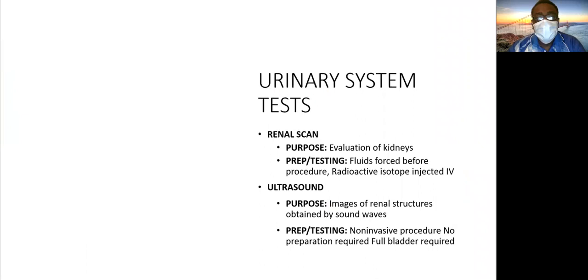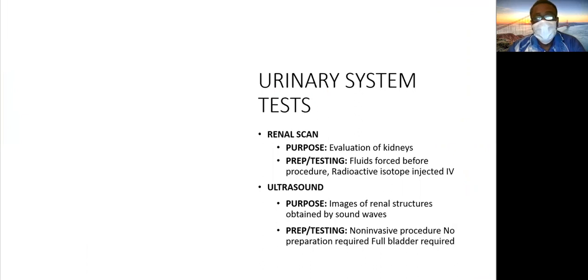Okay, so we can also carry out a renal scan to evaluate the kidneys. Usually fluids are forced before this procedure. A radioactive isotope is injected IV, and radioactivity is measured by a radioactivity counter. We can also carry out an ultrasound scan, which shows us images of renal structures.